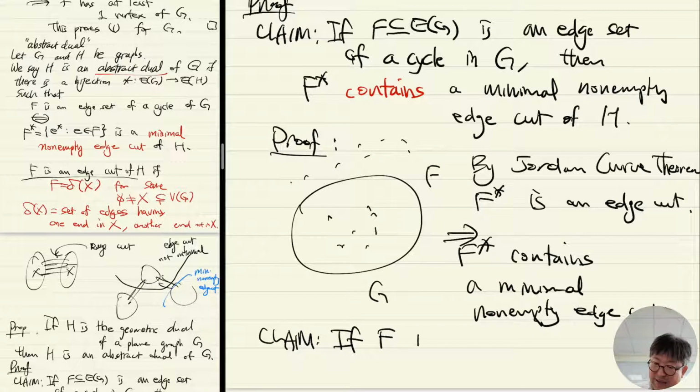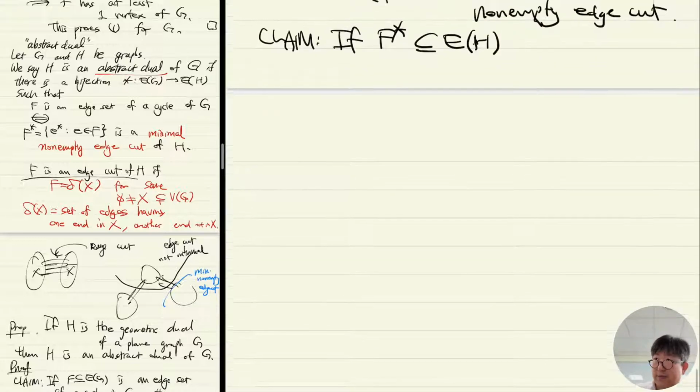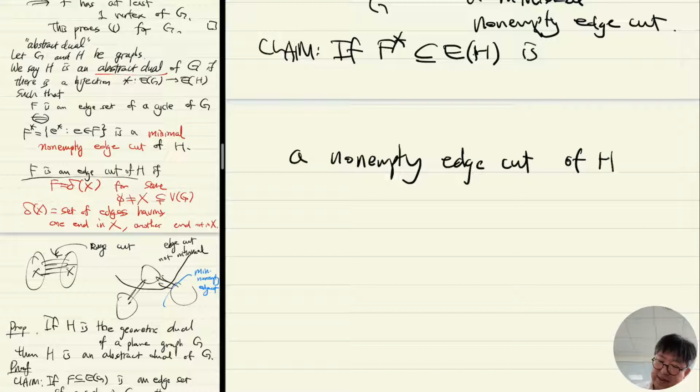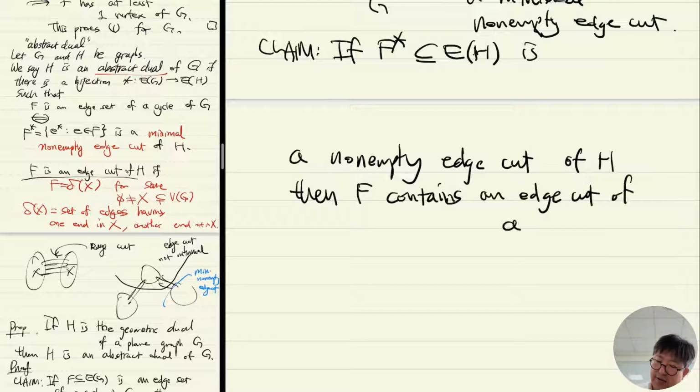Let's say F star is a non-empty edge cut of H. Then F contains an edge set of a cycle.